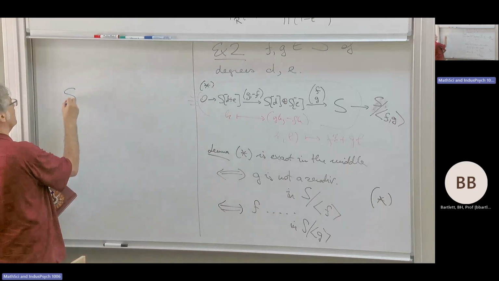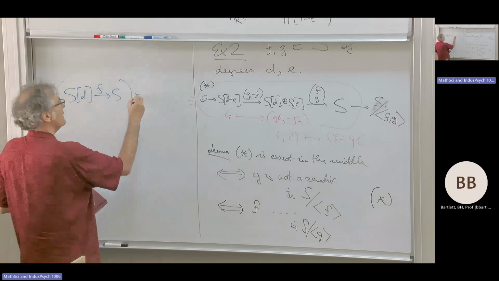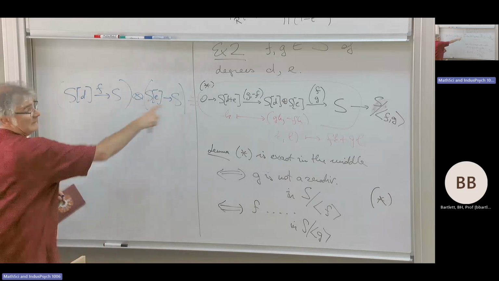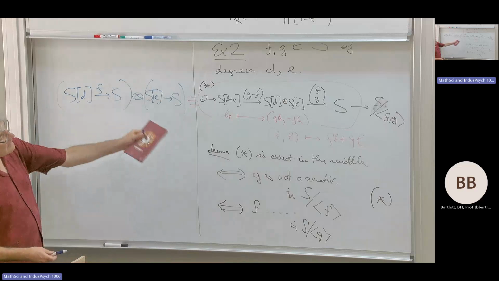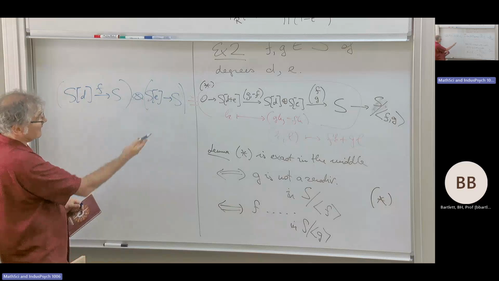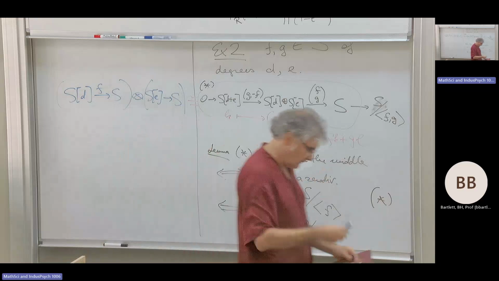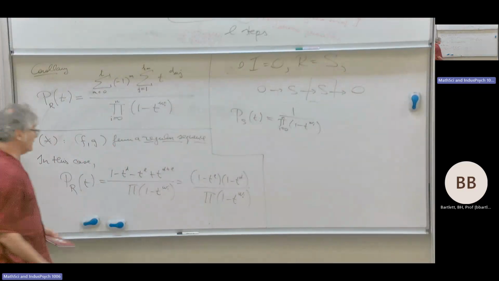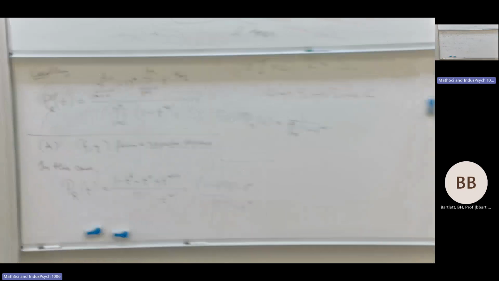If I take these two complexes, the one for f and the one for g, and take the tensor product in the category of complexes, then you just get this. So the statement is that I have a regular sequence if and only if this tensor product of complexes remains an exact complex apart from its last piece, if and only if this algebraic condition holds. And if it holds, then you get this factorization. So the tensor product statement is equivalent to this factorizing.